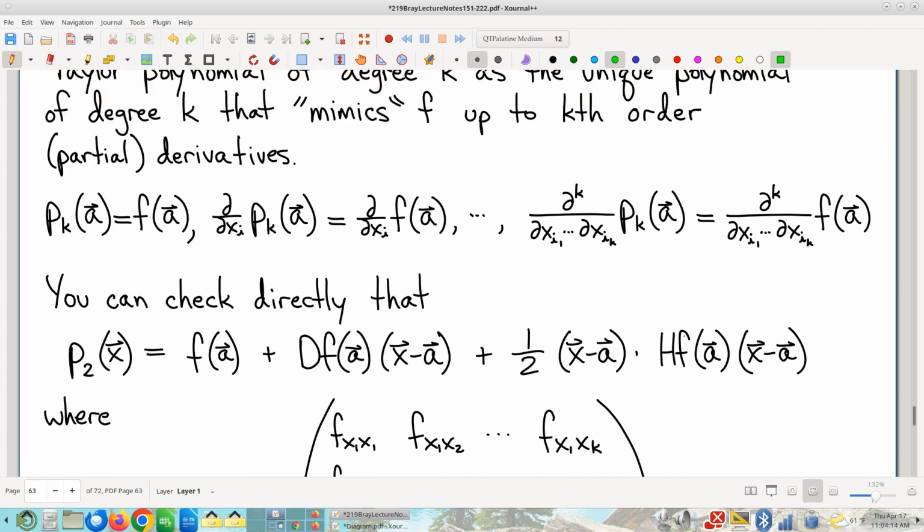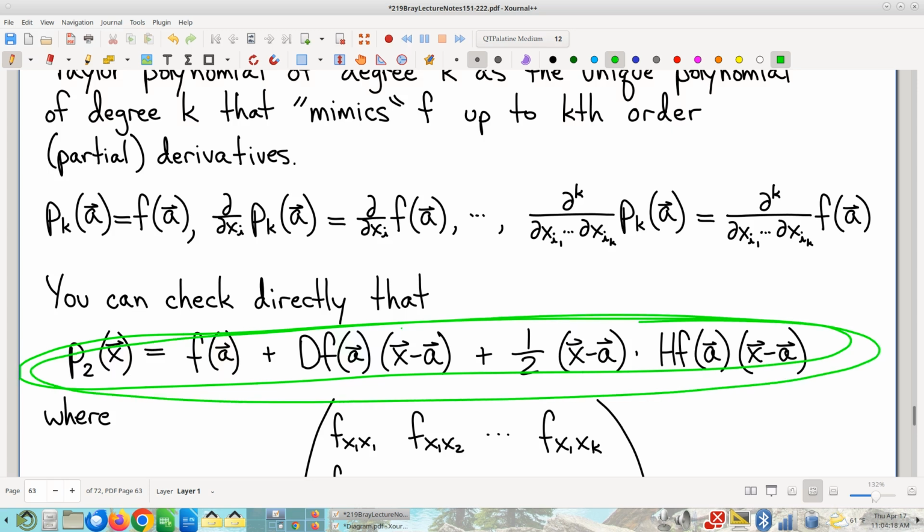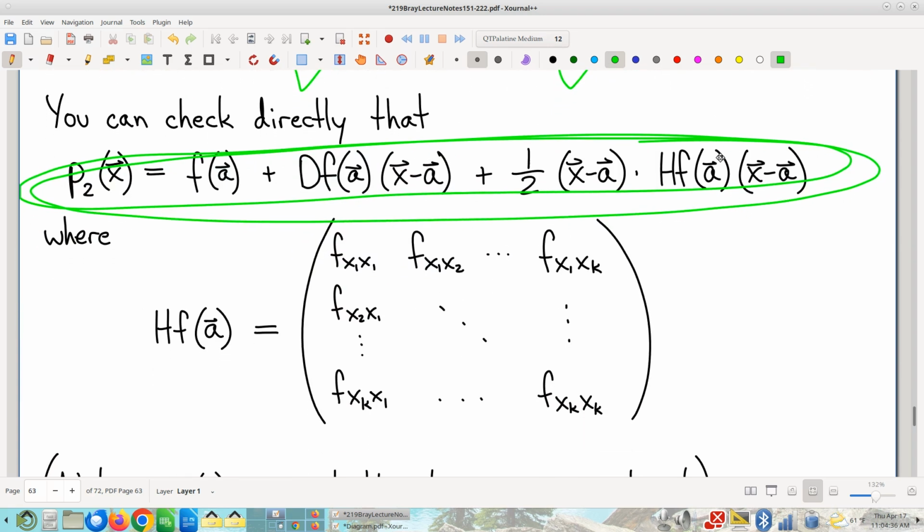That formula right there, it's a little clunky, right? But that's what we call the second order Taylor polynomial, and that mimics the function in the same sense. It's got all the same values and derivatives up to and including the second derivatives. Just make sure to know this formula.